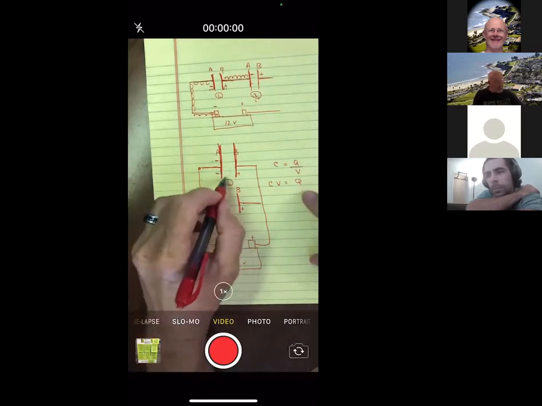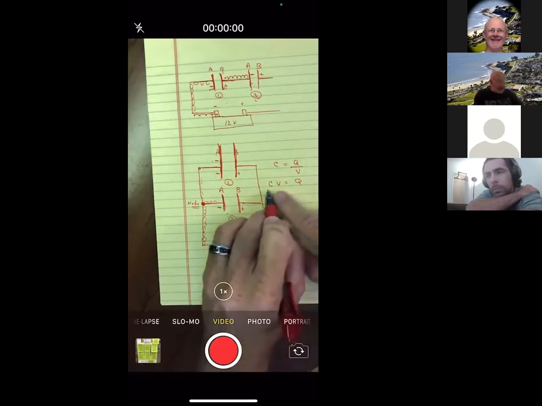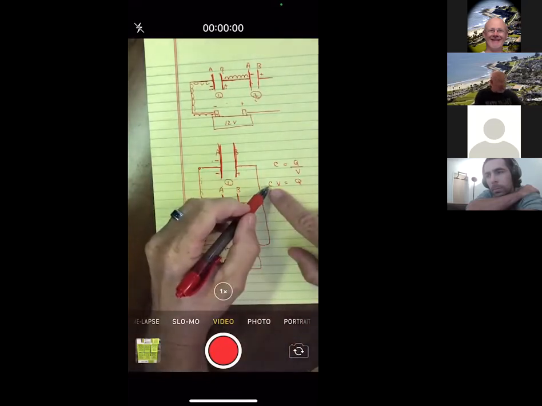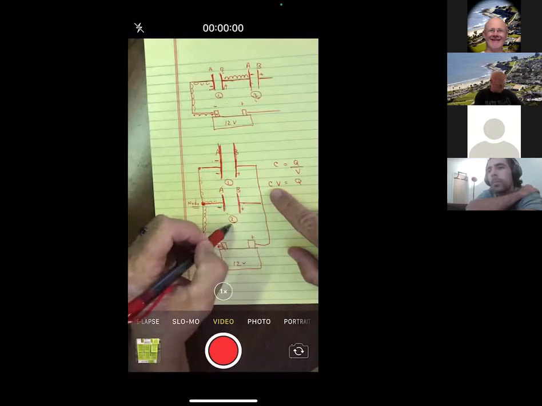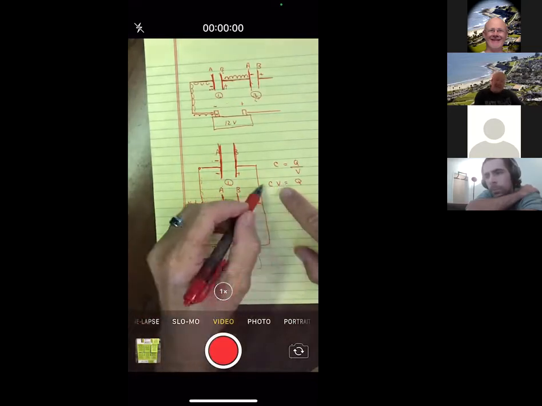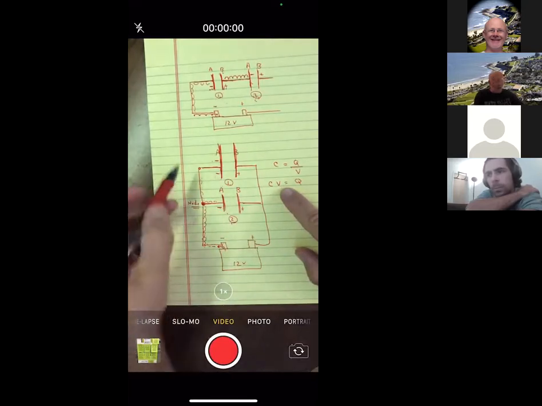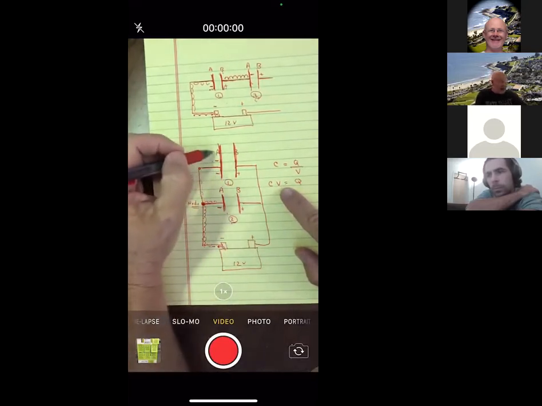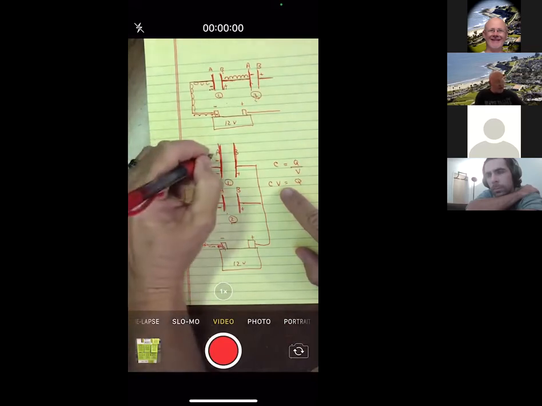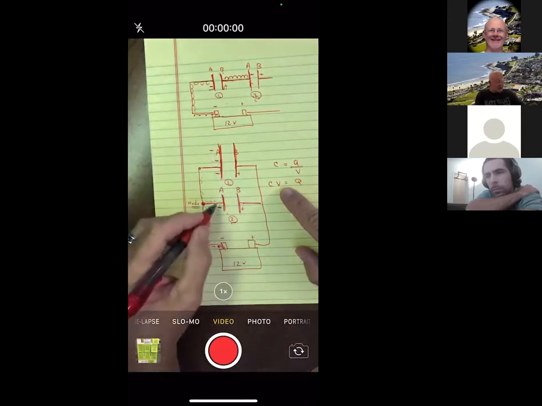Because even though capacitor 1 has twice the charge, if its capacitance is actually more than twice that of number 2, the voltage here on number 1 is still less. And there's less of a push. Or put another way, these guys are so spread out that this third electron could actually go on this capacitor and be further spread out from its neighbors than if it went over here.